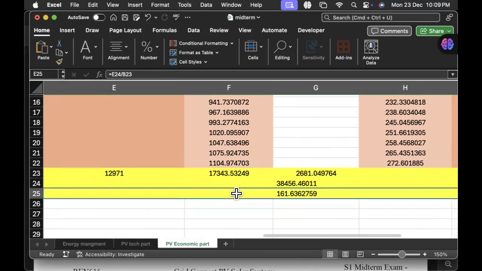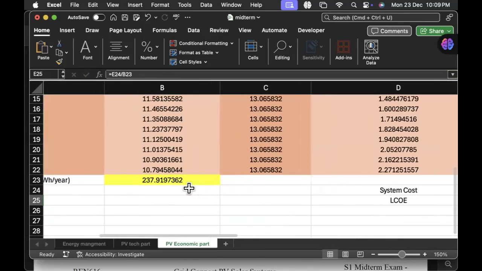But again, don't forget that the unit here is dollar per megawatt hour, because this is in megawatts.